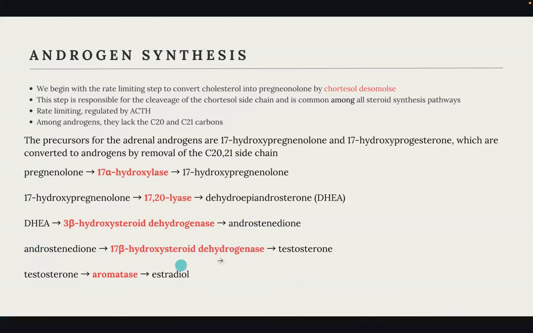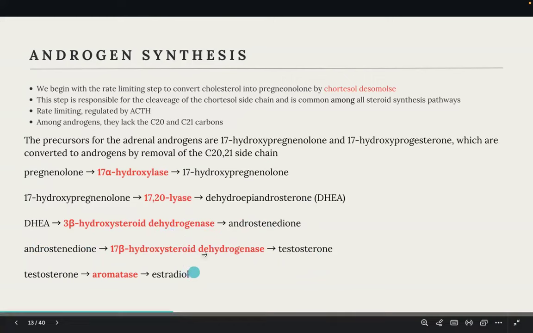I've just put it for the sake of completion. So honestly, don't worry about it. Go back to this after repro. Then you'd have testosterone. Testosterone will be mentioned in repro. The doctor didn't discuss it, but if you do aromatase, you can convert it into estradiol.